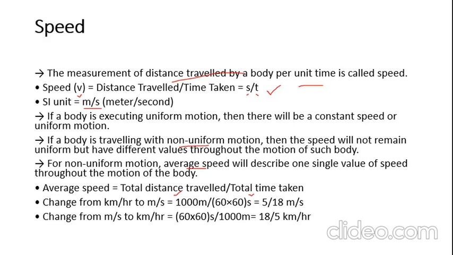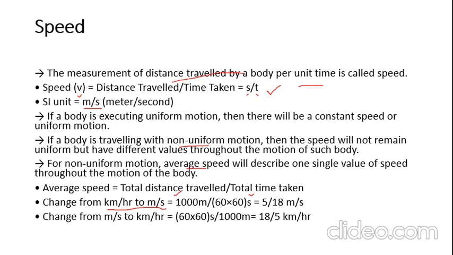And the next is how to convert kilometer per hour to meter per second. So this will be helpful for your numericals. We know about kilometers and meters. 1 kilometer equal to 1000 meters. And similarly, 1 hour is equal to 3600 seconds.